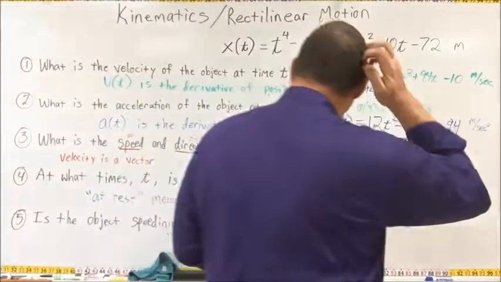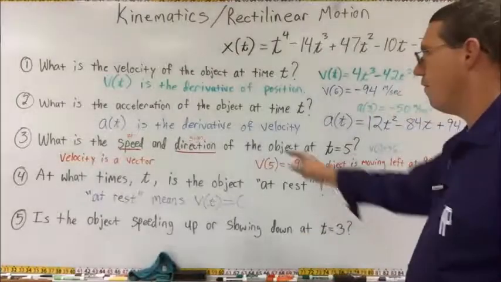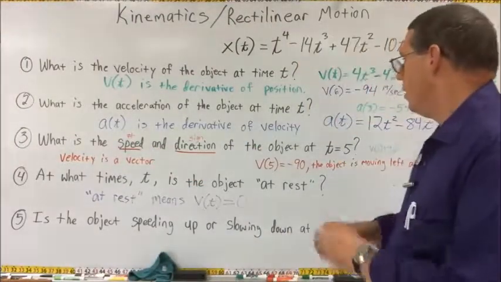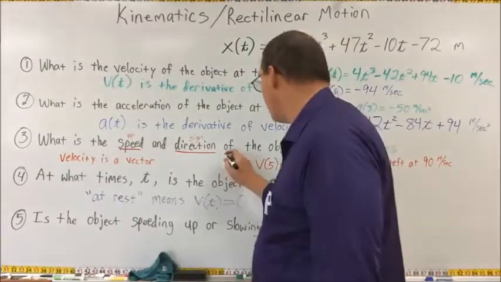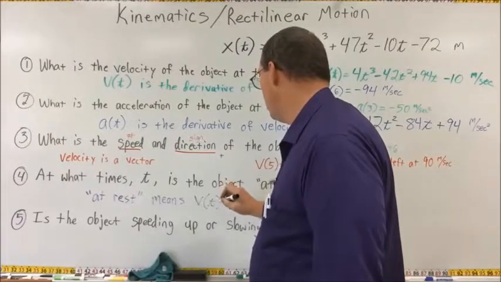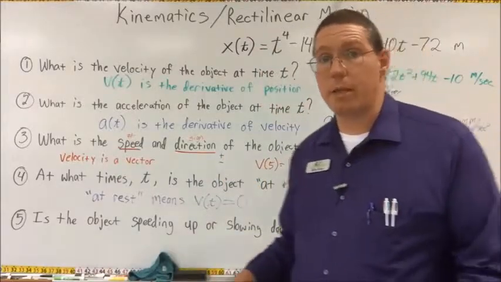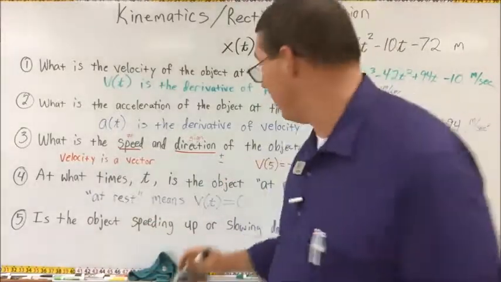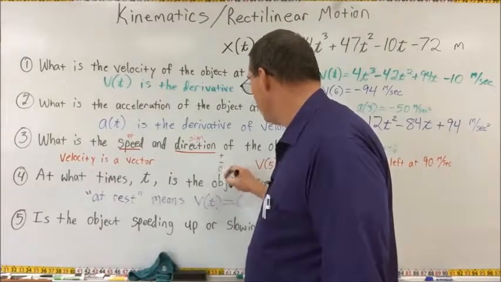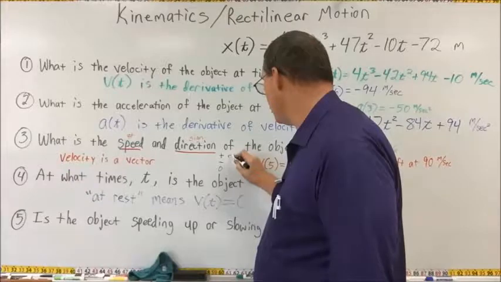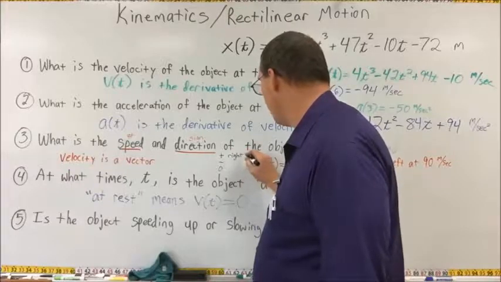Because there's only 3 possibilities here for velocity. See how we said speed and direction? Velocity is either positive or velocity is negative, but there is a third possibility. What's between positive and negative? 0. So when the velocity is positive, the object is moving to the right.